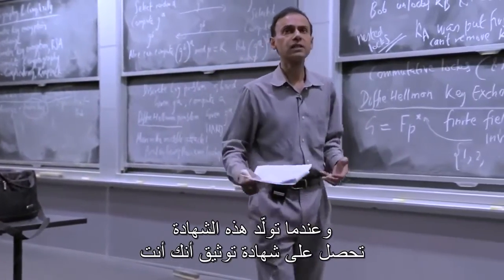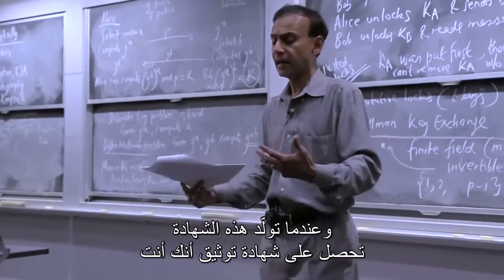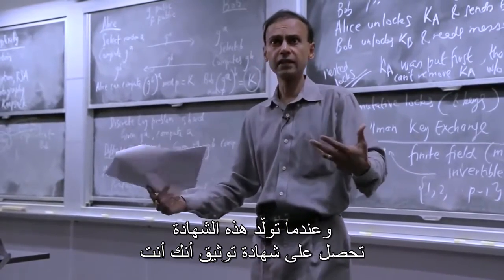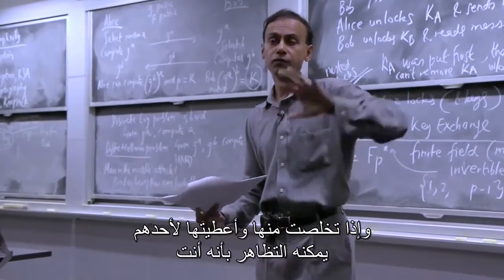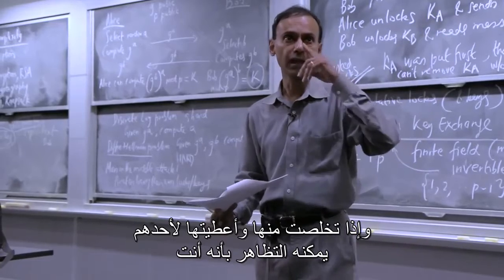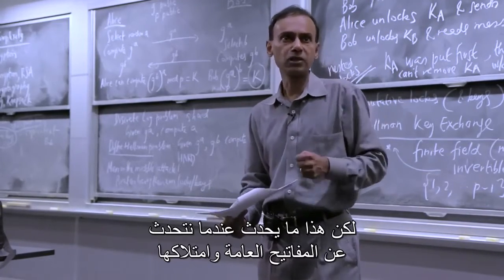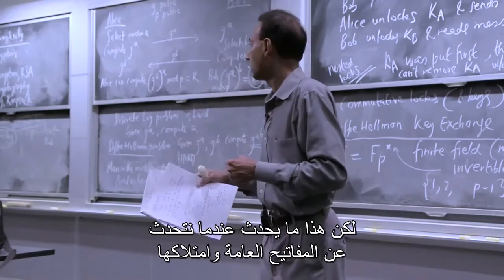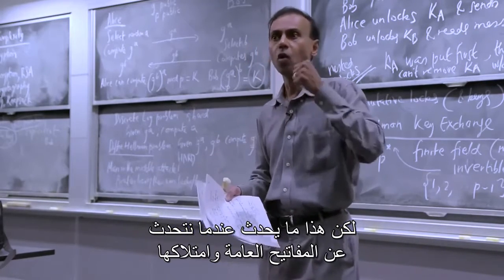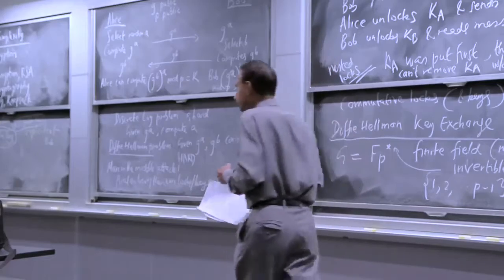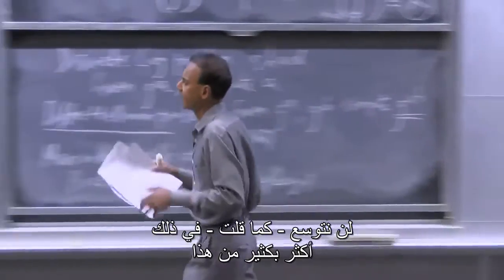And when you generate that certificate, you are getting a certificate of authenticity that you're you. And of course, if you hand it to someone else, they can pretend to be you as well. But that's what's happening when we talk about public keys and you owning public keys. We're not going to get into that very much more.